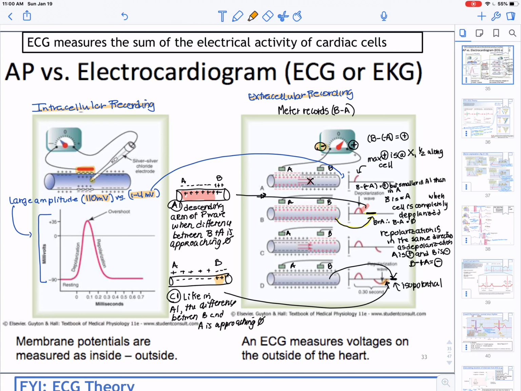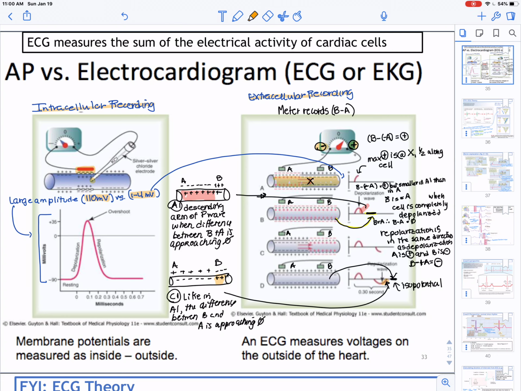So we have a potential measuring or voltage measuring device, and we have a model cell shown here, and we're looking at the perspective that a bipolar lead, for example, would show.